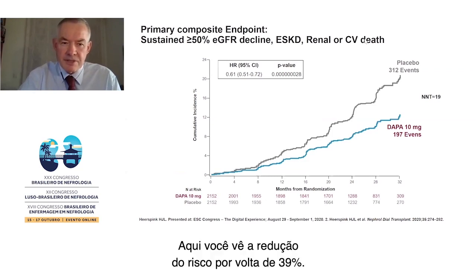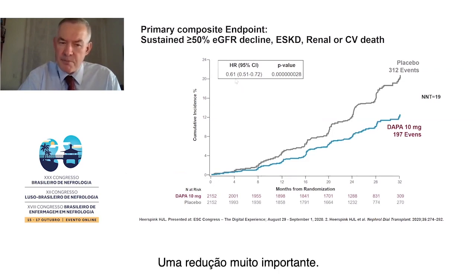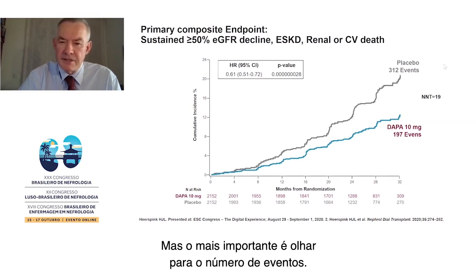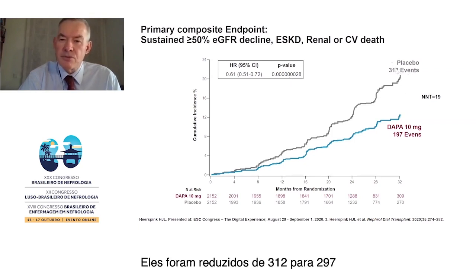Here you see the risk reduction of about 39%, very prominent, with a narrow confidence interval and a high p-value. But more important for us clinicians is to look at the number of events, reduced from 312 to 197, and the number needed to treat is 19.